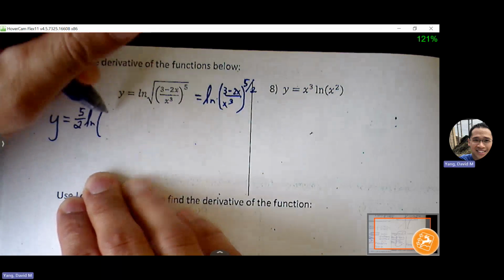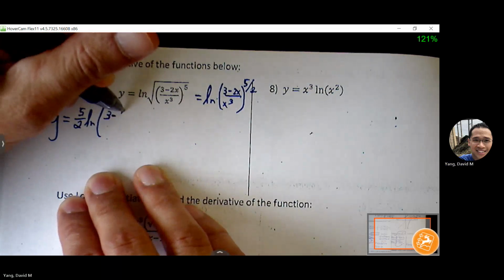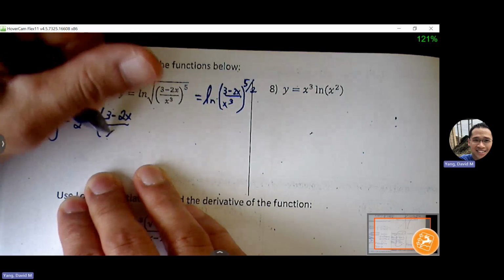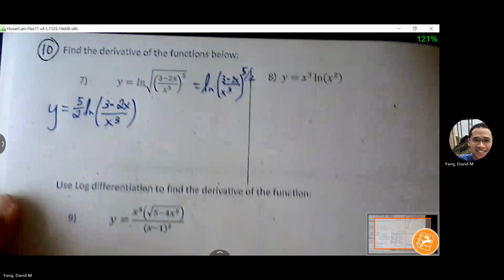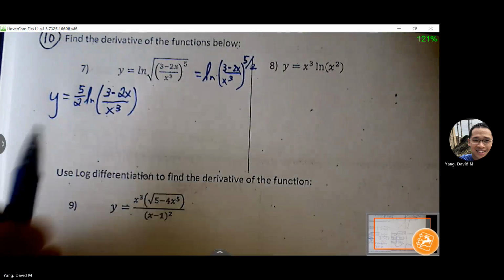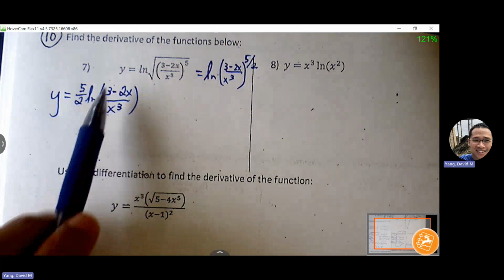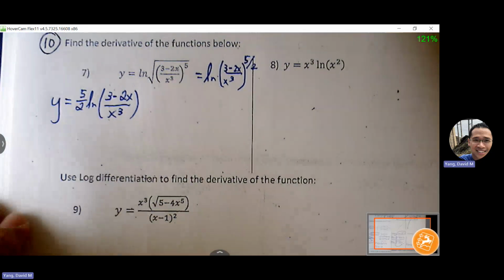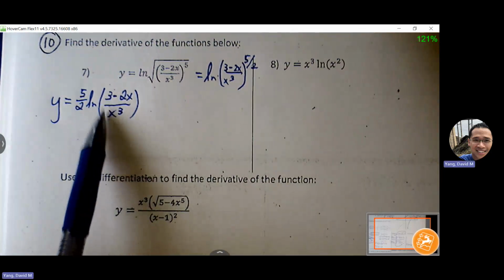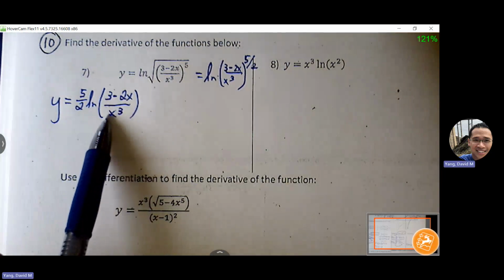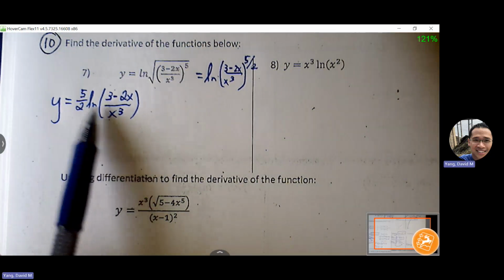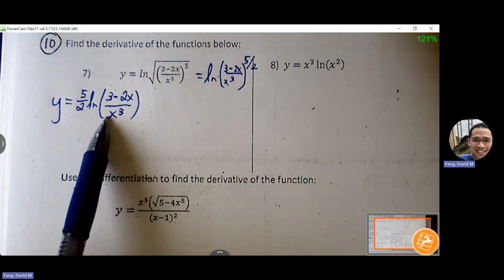So no calculus yet. We're doing all the cleanup so that the calculus will feel easy. Okay, I got that exponent to come down as a coefficient. What else can I do before I jump into my u prime over u derivative? Quotient property, right? Natural log of a over b can be expanded into the natural log of a minus natural log of b.